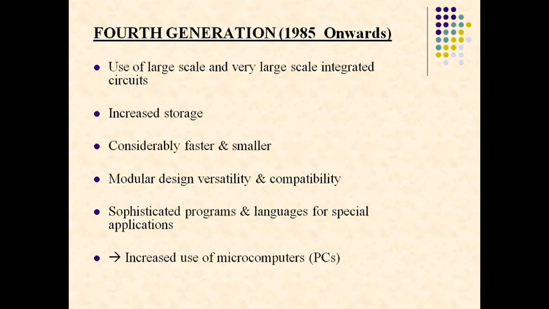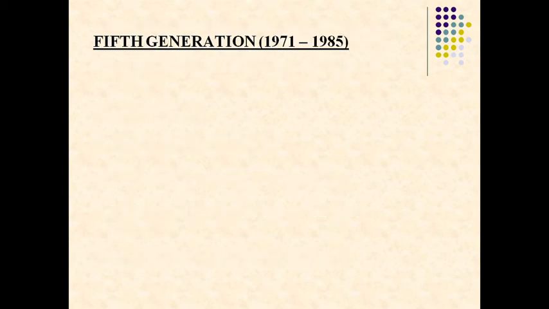Some of the features are increased storage, considerably faster and smaller, modular design, versatility and compatibility, sophisticated programs and languages for special applications, and increased use of microcomputers, that is PCs, personal computers, from 1985 onwards.